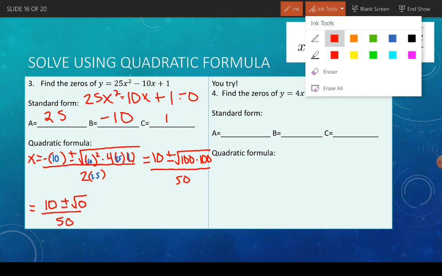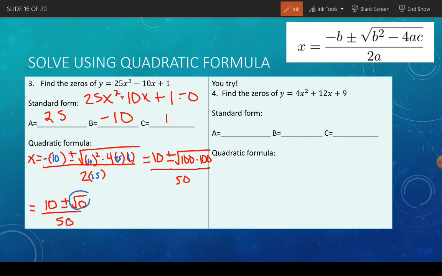Okay, the square root of 0 is simply equal to 0. So when we make our two equations, we're going to have 10 plus 0 over 50 and 10 minus 0 over 50. So this is going to be equal to 1/5, and so is this one.